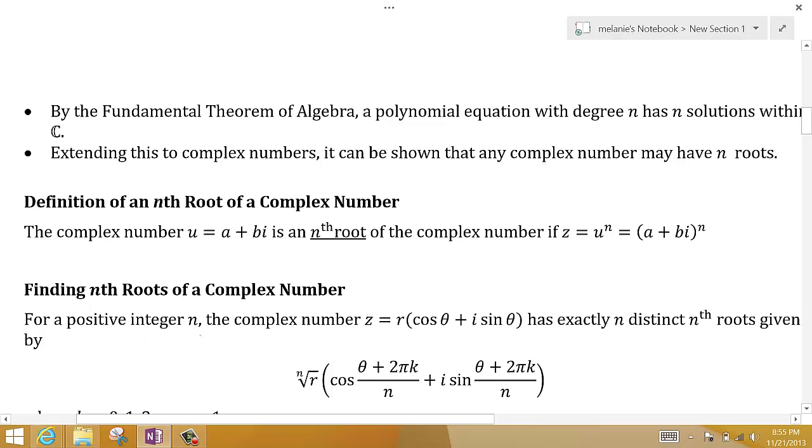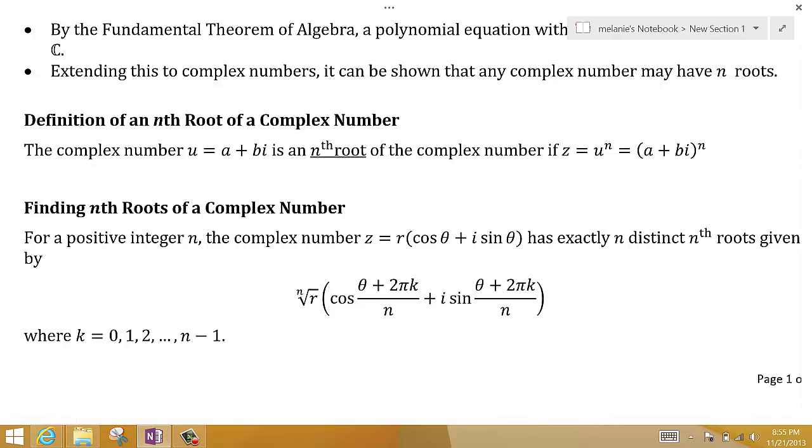For a positive integer n, the complex number z, in trigonometric form, r cosine theta plus i sine theta, has exactly n distinct nth roots given by this equation: the nth root of r multiplied by cosine of theta plus 2 pi k over n, plus i sine of theta plus 2 pi k over n, where k is an integer starting with 0, going all the way up to n minus 1.